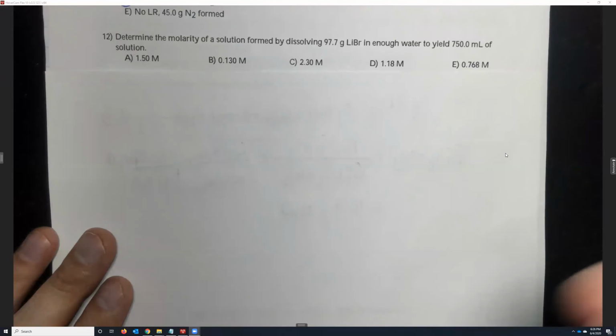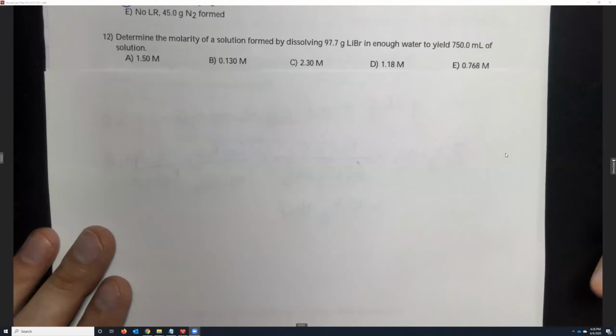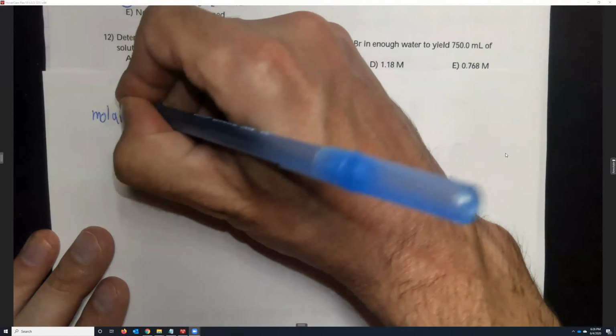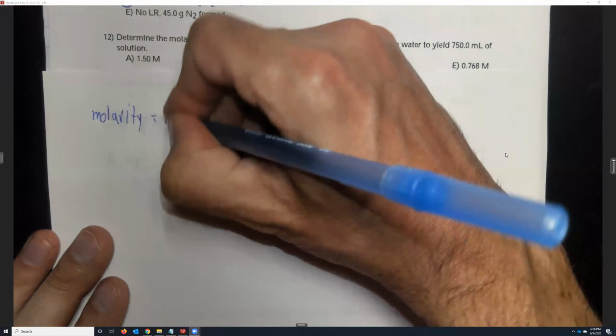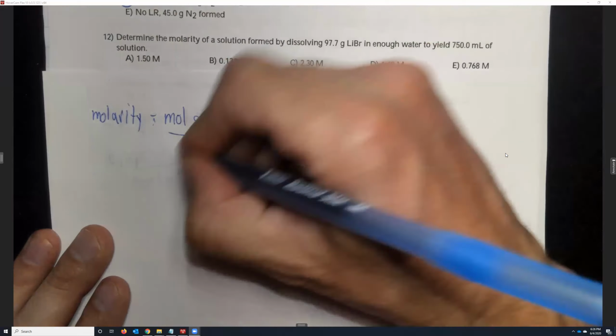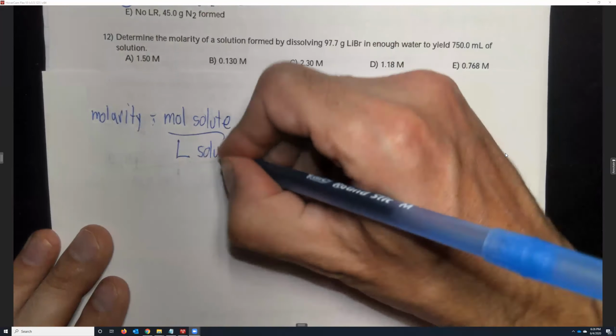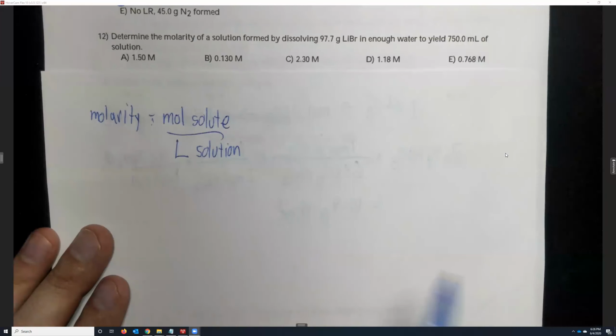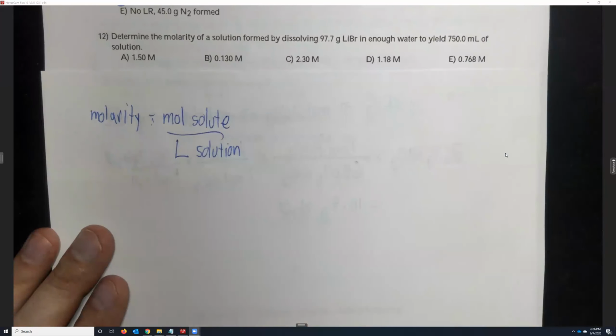But how I like to do this is I want to find the molarity, and I know that molarity is equal to moles solute over liters solution. But I like dimensional analysis. So as you probably see me do in the videos, I do them dimensional analysis like.